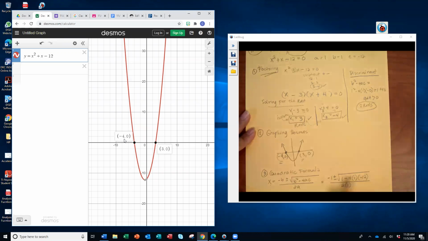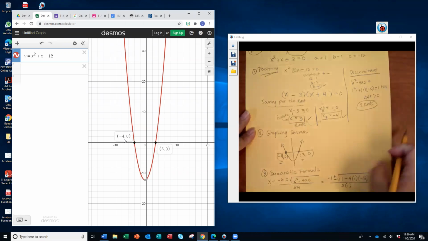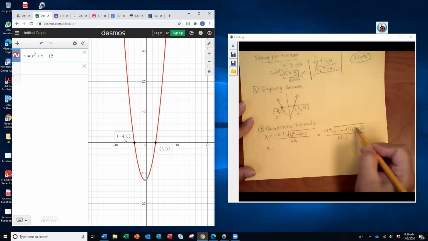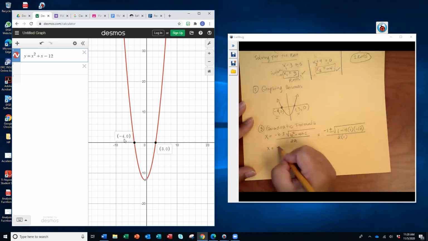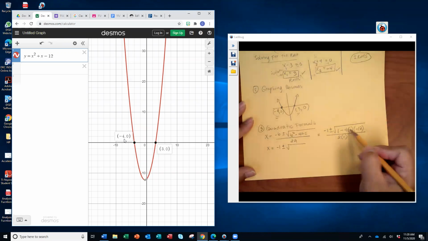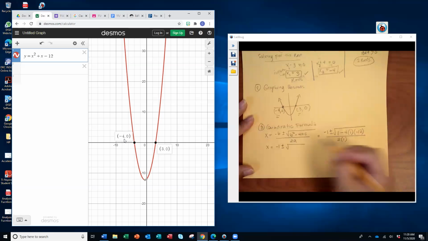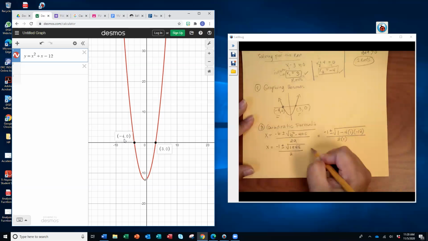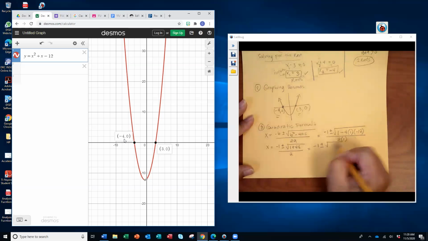Okay, so now I just plugged in the values. I'm going to solve for the x this time. So negative 1 plus or minus the root of 1 plus 4 times 12, which is 48, because negative times negative is positive. So 1 plus 48 is 49, over 2. And that will be negative 1 plus or minus the root of 49, over 2.